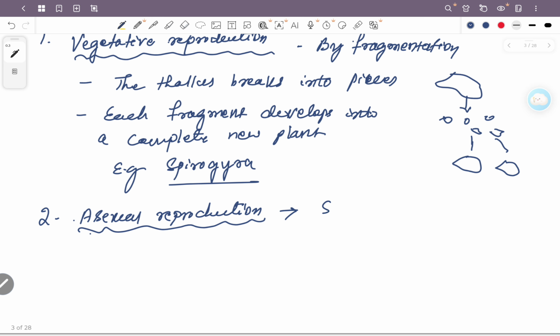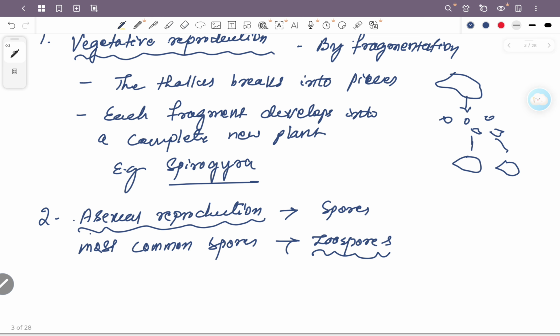So it occurs through spores. And the most common spores are the zoospores. Zoospores. Okay. So what are the features of these zoospores?